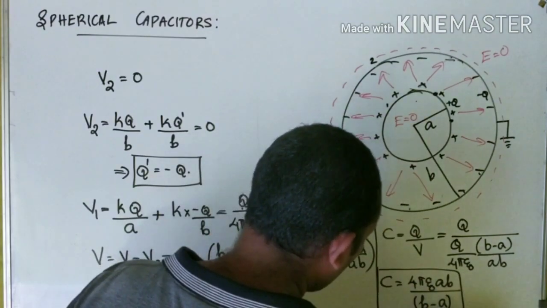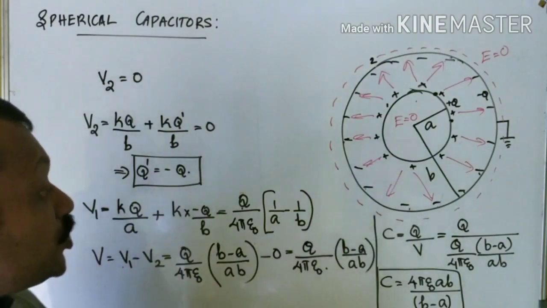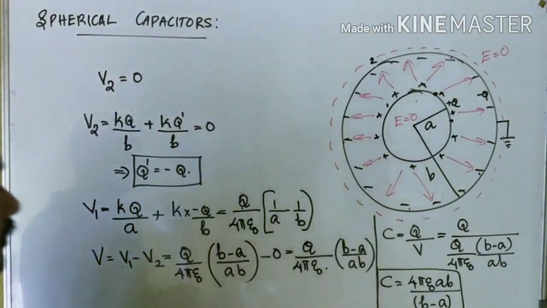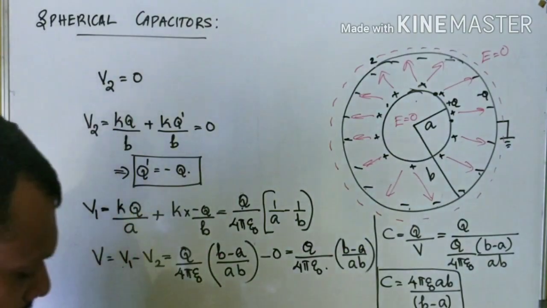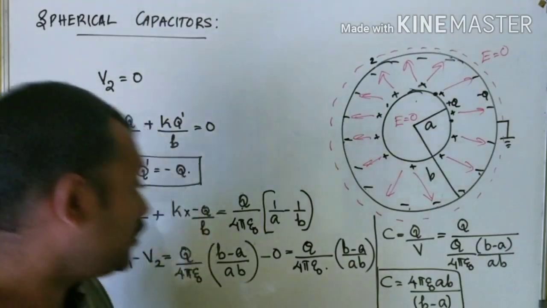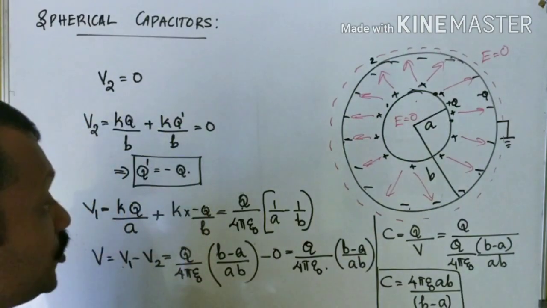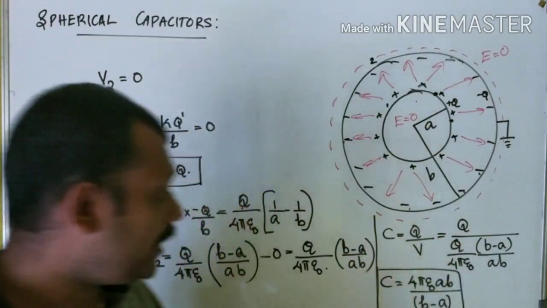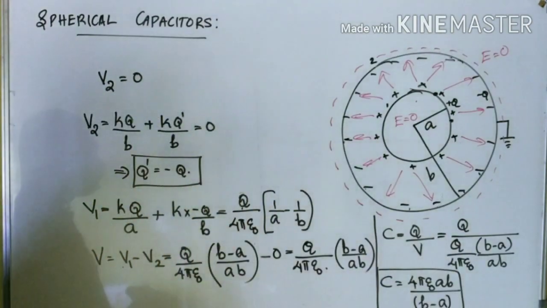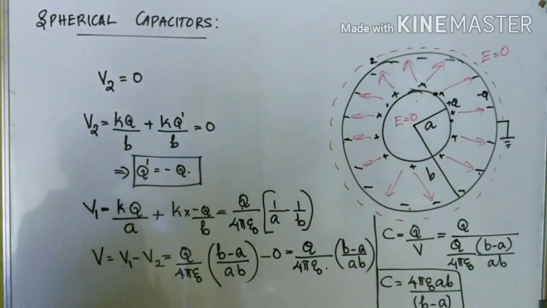This is the formula for the capacitance of a spherical capacitor. The capacitance of a spherical capacitor is given as C is equal to 4 pi epsilon 0 into AB by B minus A. This is the answer for the capacitance of a spherical capacitor.